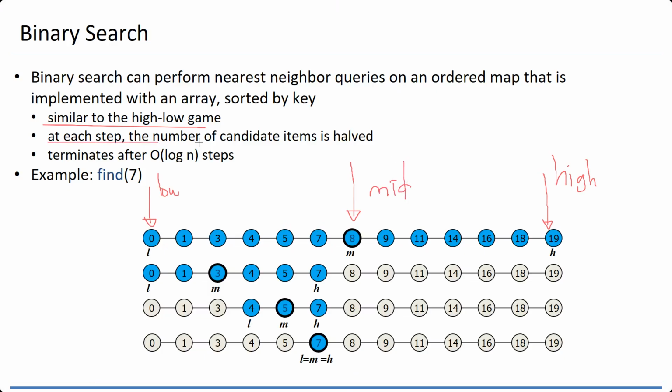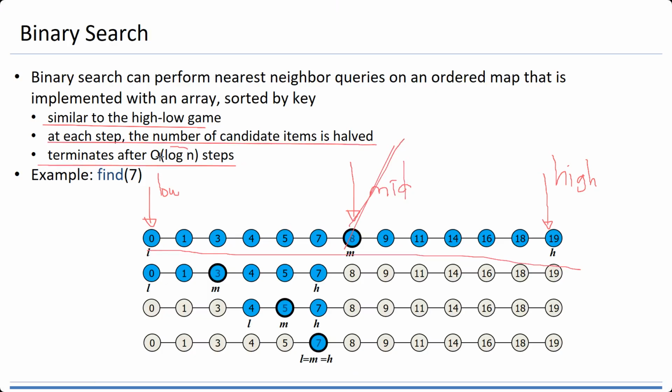At each step, the number of candidate items is halved. So for every step, we do half. This takes O(log n) steps.